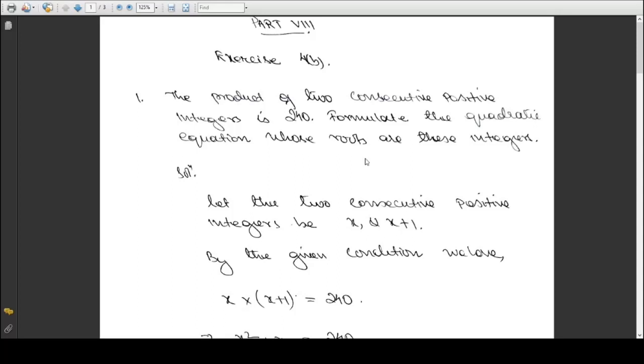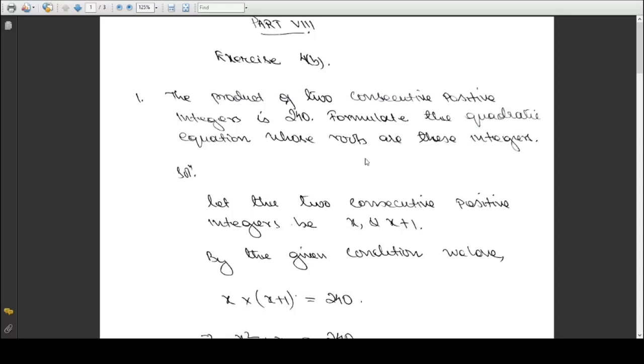Now suppose I take 2 as a number, what is the next number? It is 3. If I take 5 as a number, what will be the next number? It will be 6. That's why here in the solution, if one of the integers is x, what should be the next one? It is just 1 added to that number. If I take x as a number, the other number will be x plus 1, isn't it?